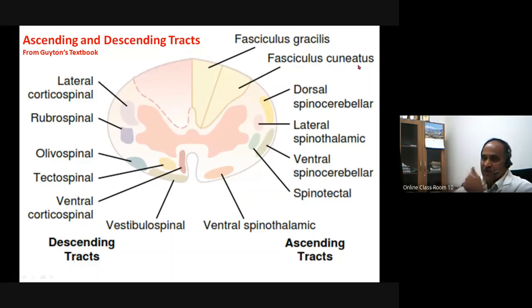There may be some other inputs which we would consider in later discussions. These are broadly the tracts. I want you to practice these diagrams as a home assignment, because this is one thing that would be asked, or you should be familiar with it.